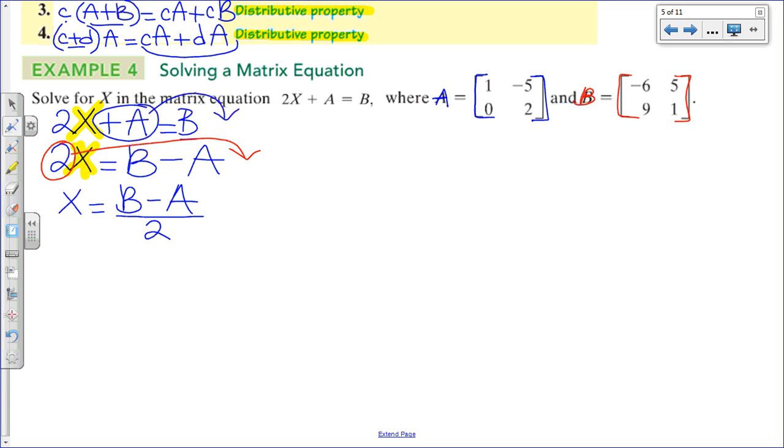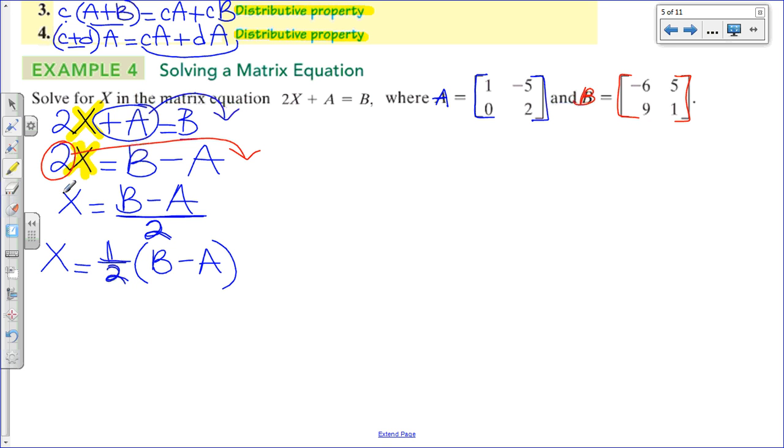However, with matrices, we do not have division, but we do have scalar multiplication, and I told you that your scalar could be any number, including a fraction. So we're going to say that x is equal to 1/2 times b minus a, because multiplying by 1/2 is the same as dividing by 2.